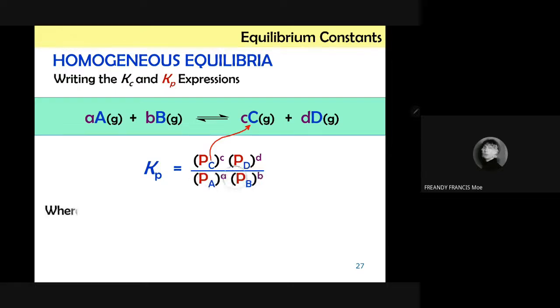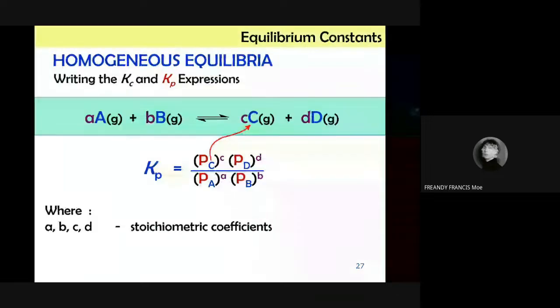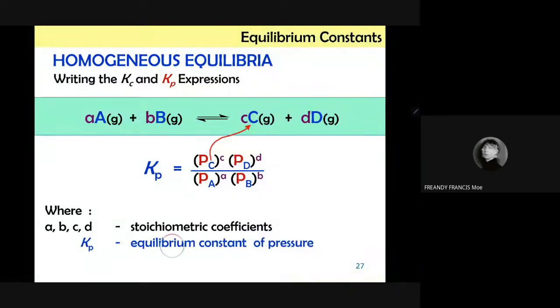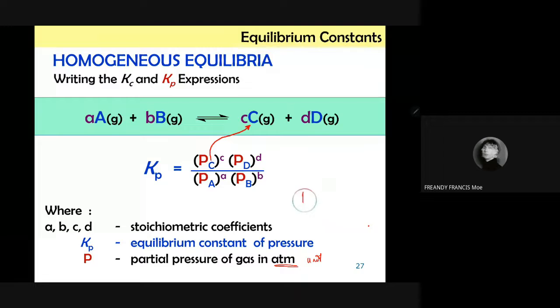Okay, like that. Where a, b, c, d, again, stoichiometric coefficient, Kp adalah equilibrium constant of pressure, P adalah partial pressure of gas in ATM. Ini adalah unit dia. 1 ATM bersamaan dengan 1.05 kali 10 kuasa 5 Pascal.